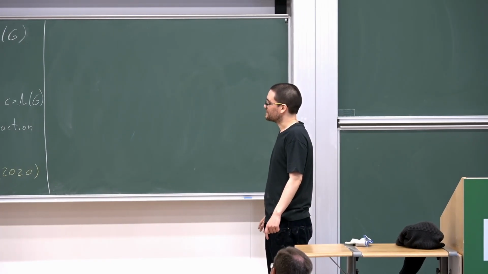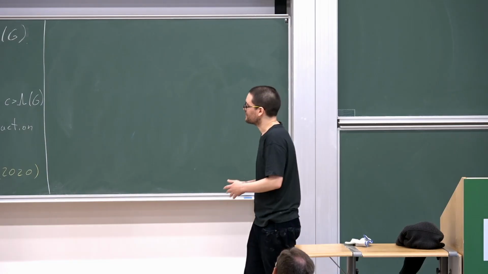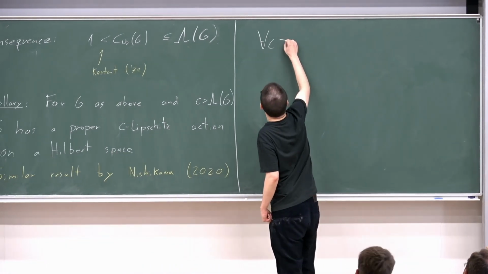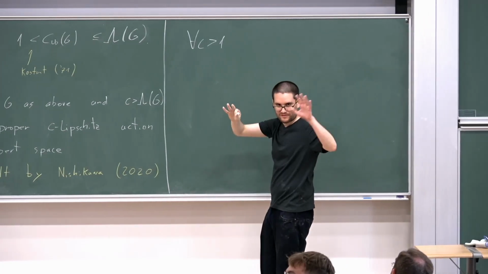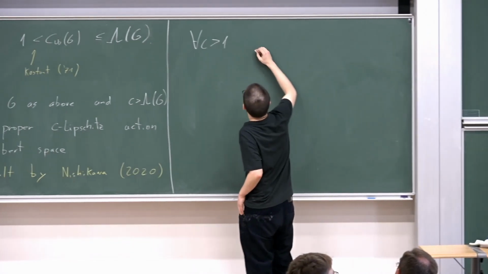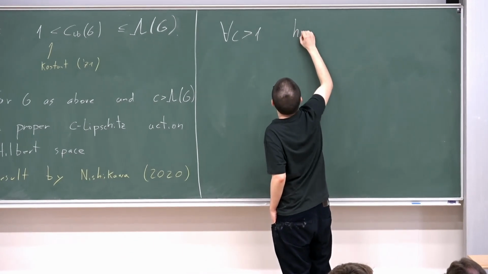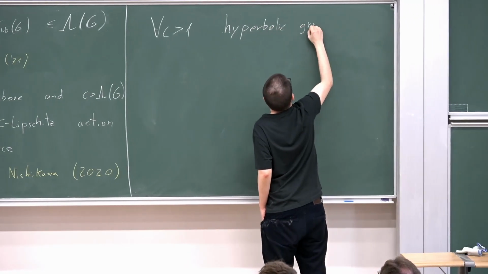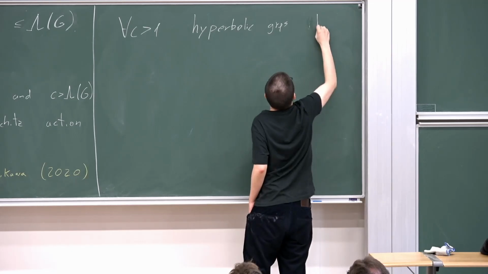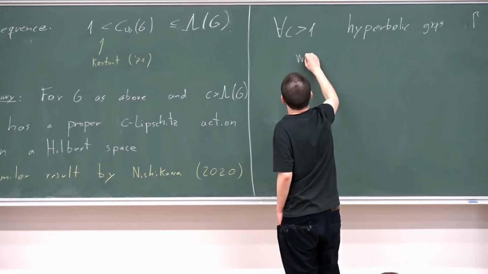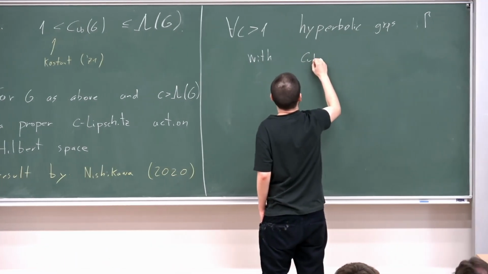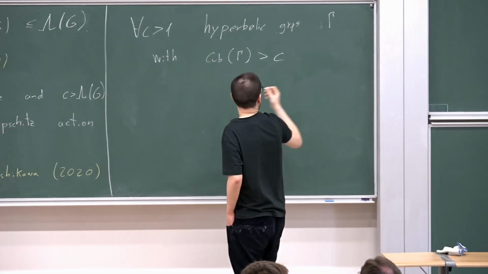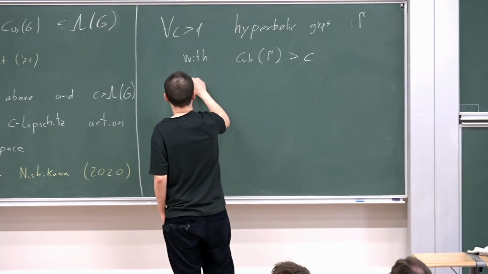If one does all the translations, one can see that for every C bigger than 1, I'm going to write something very vague: hyperbolic groups gamma with CUB bigger than C, I'm going to write R abundant.